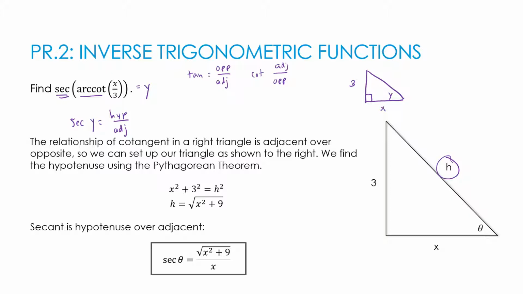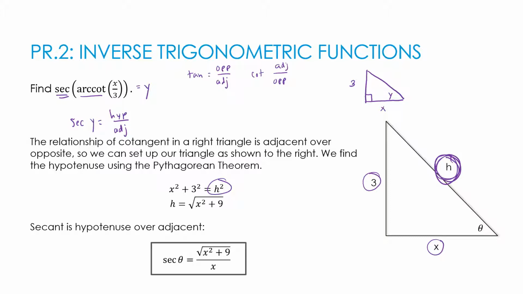So how do I do that? Well, that means I need to find the hypotenuse in terms of x instead of just h. So again, just like I did on my last question, I'm going to say leg squared plus leg squared equals hypotenuse squared. I'm solving for the hypotenuse because I need that to plug into my secant formula.